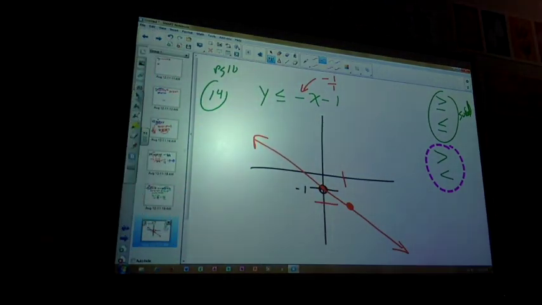The last step on this problem would be you need to figure out which region to shade. You have a region that is above the line, and you have a region below the line. Do you agree? What would be a fantastic point, an x comma y point, to pick to test? 0, 0. The line does not go through 0, 0.